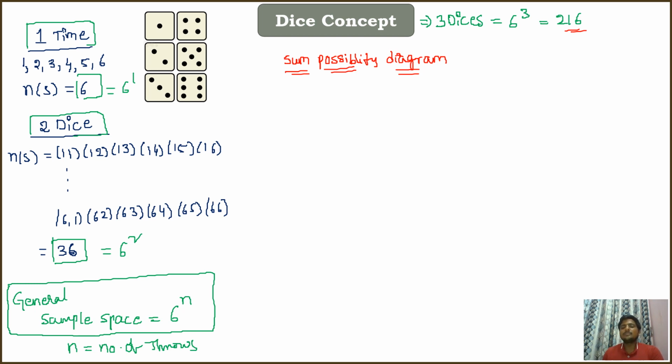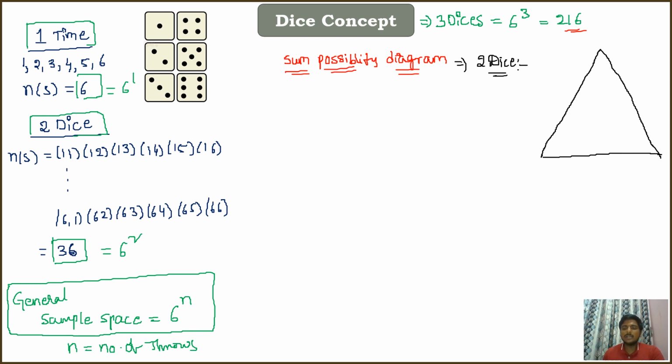For 2 dice, or if the dice is thrown 2 times, I'll take the sum possibility diagram in the form of a triangle, for better understanding.